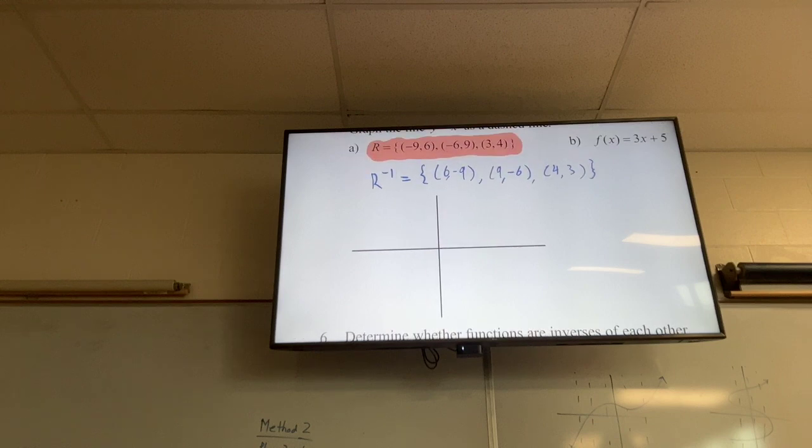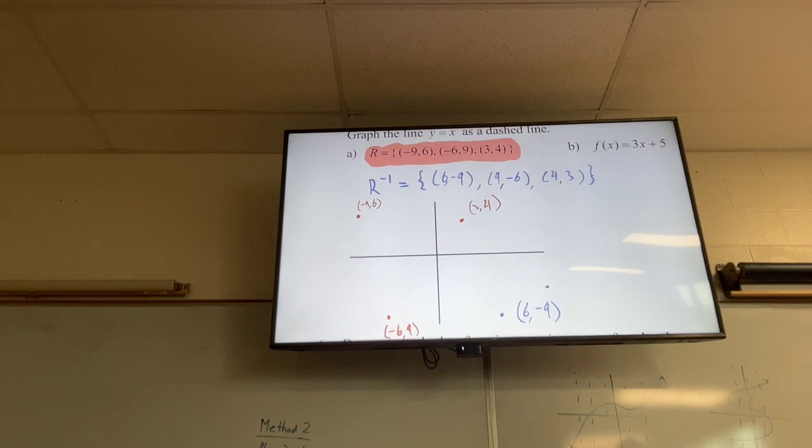Let's graph the red function first. -9, 6. -6, 9. 3, 4. I'm just eyeballing it. Okay, so that is the red function. Let's graph the blue now. 6, -9. 9, -6.